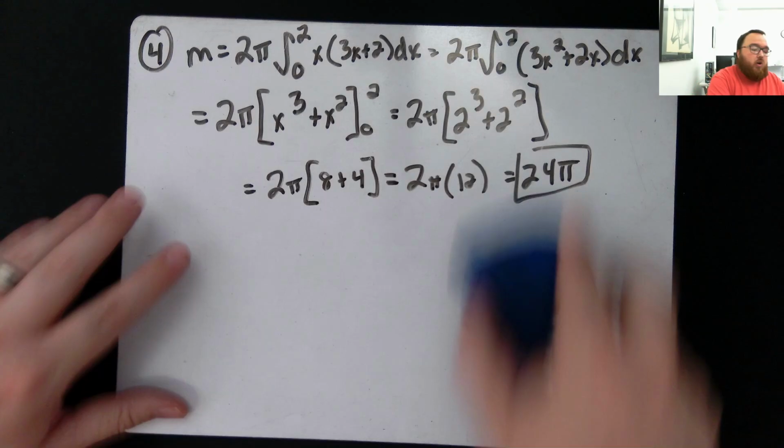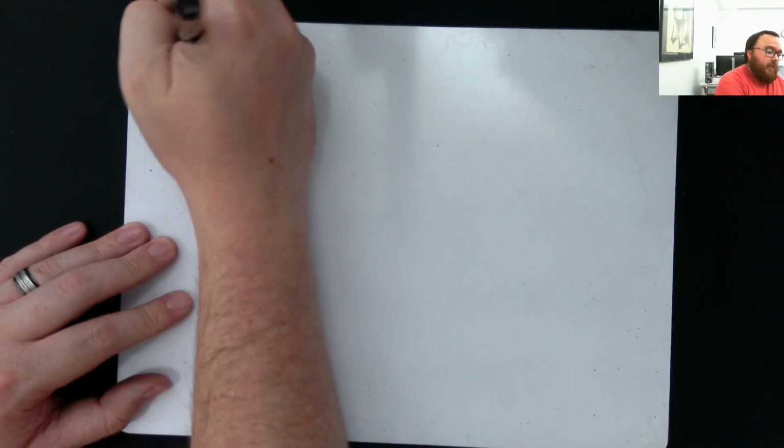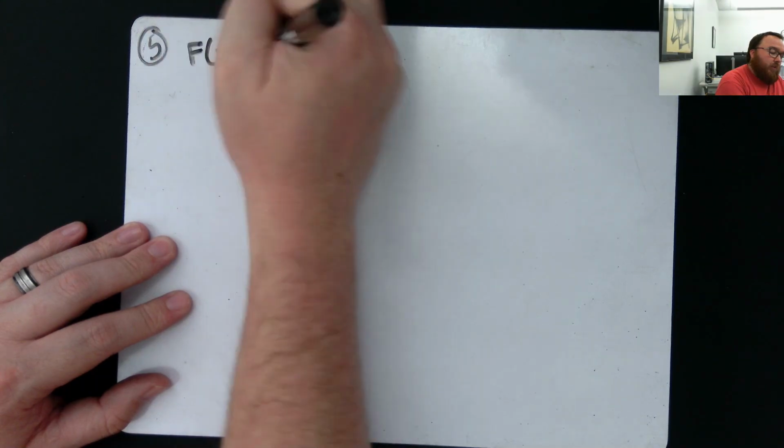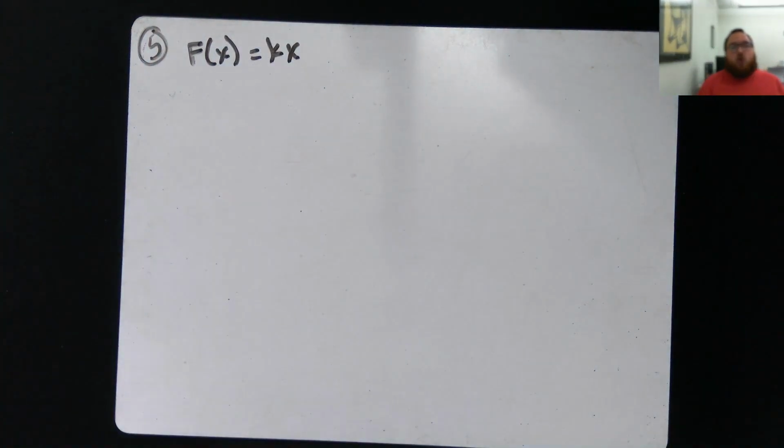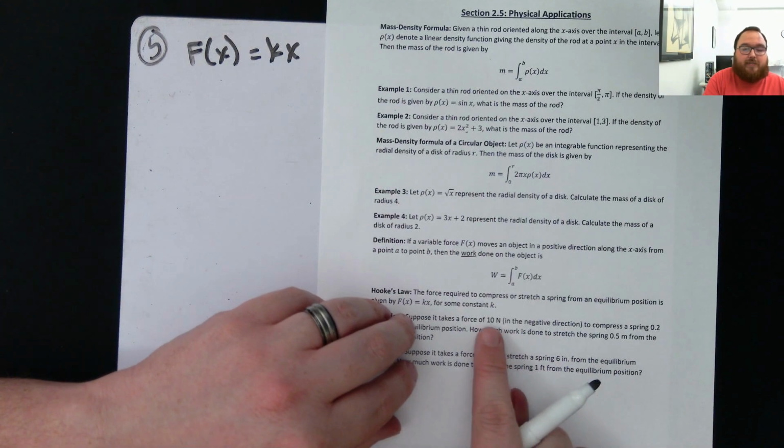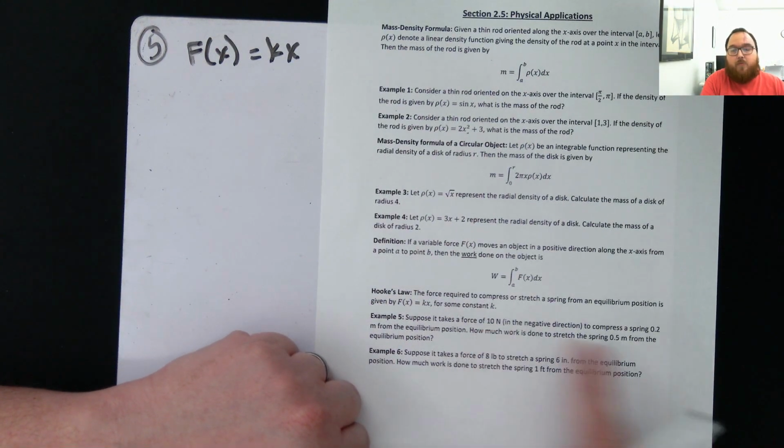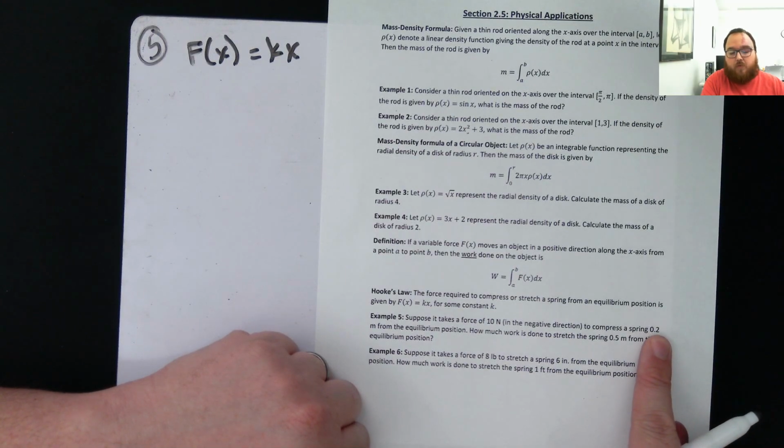So Hooke's law says that the force is equal to k times x. I just don't know what k is. But what I do know is that the force is equal to 10 if I move it 0.2, right?